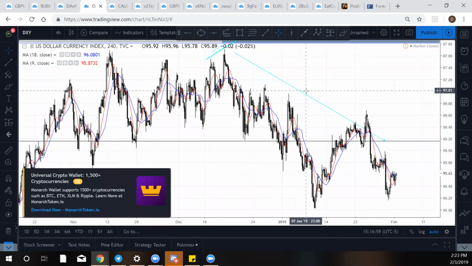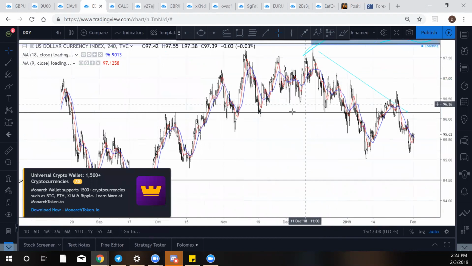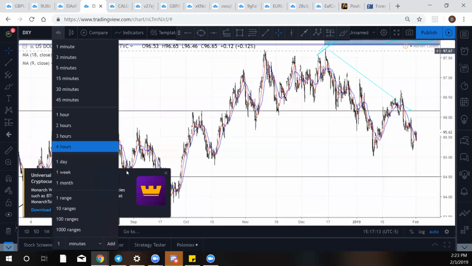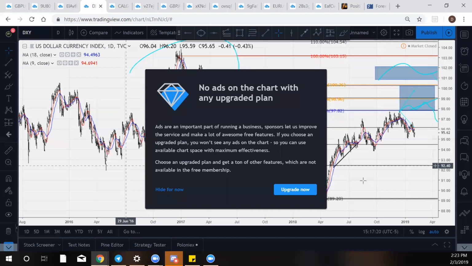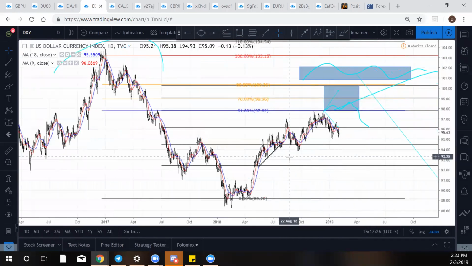So we did not reach the 100 area, and I'm really relieved that we didn't. The reason why is that I don't necessarily know this, but I do feel, looking at the dollar index now compared to what we were guessing previously, that we're kind of going into a bearish trend.